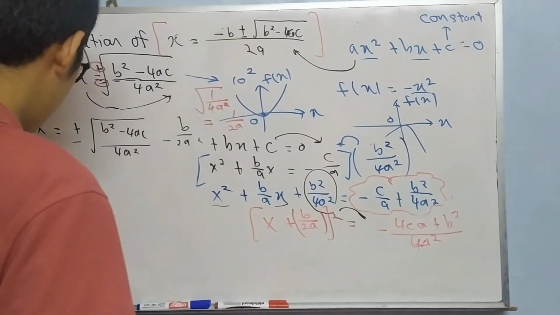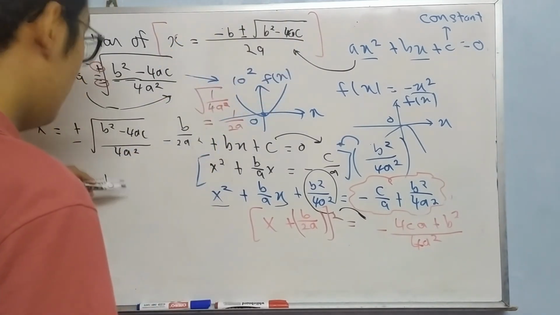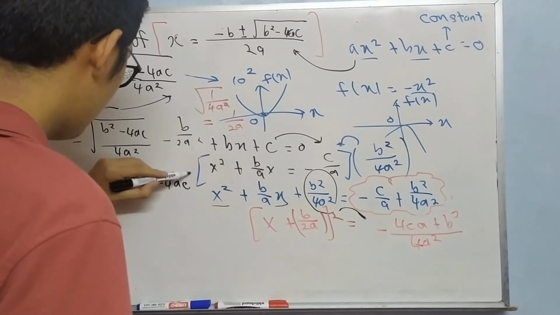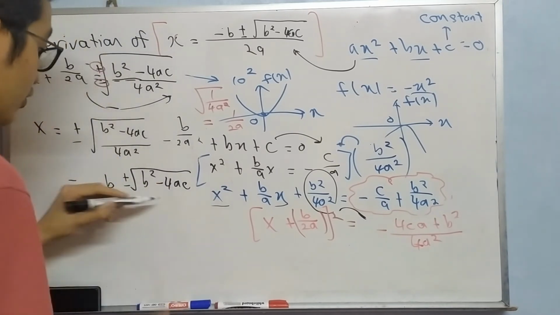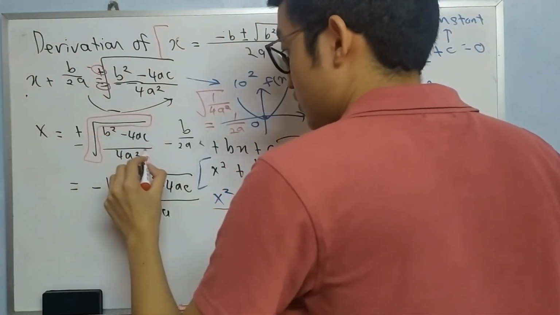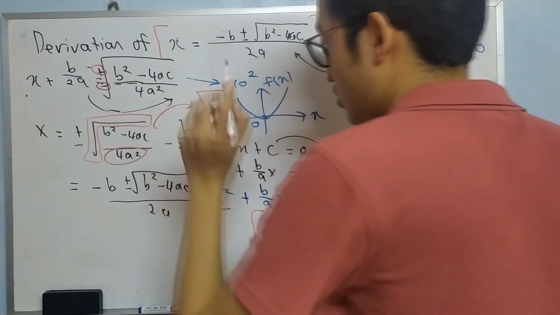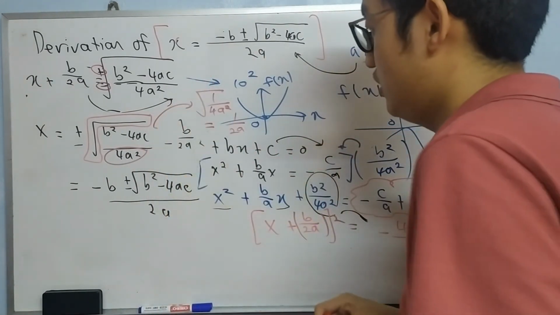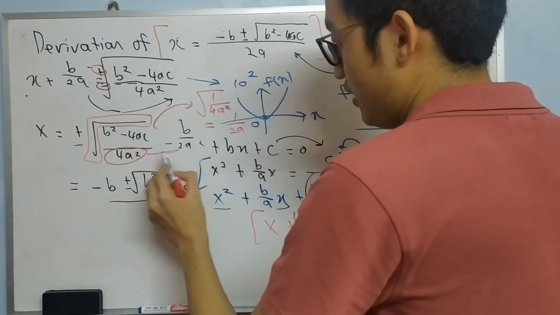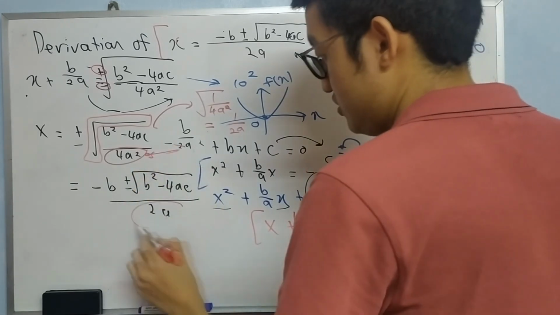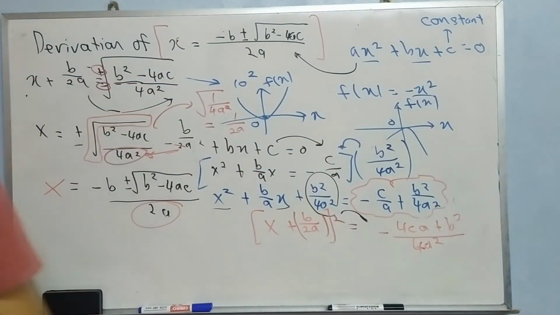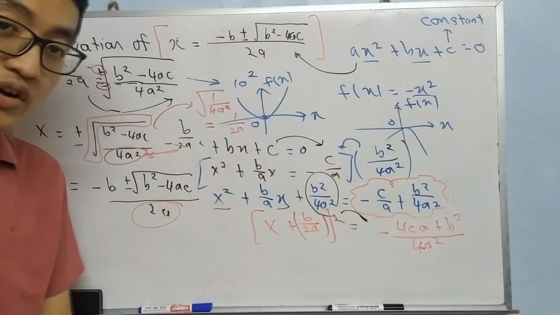It's quite simple: negative b plus or minus the square root of b squared minus 4ac. You get this. So this is how we get the general formula of x in a quadratic function.